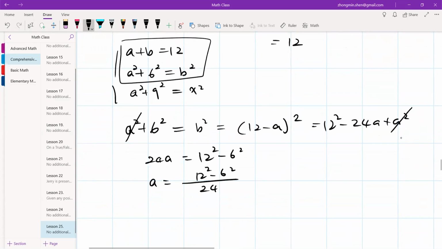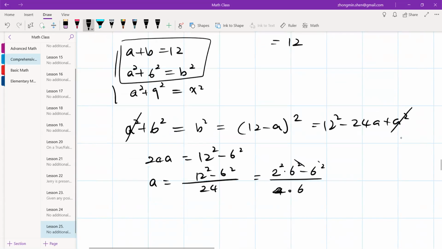Can we simplify it quickly, right? So after simplifying, it's going to be 9 over 2 here. So what I'm going to do is, 12 squared is 2 squared times 6 squared, minus 6 squared, right? And here's 2, 4 times 6, right?